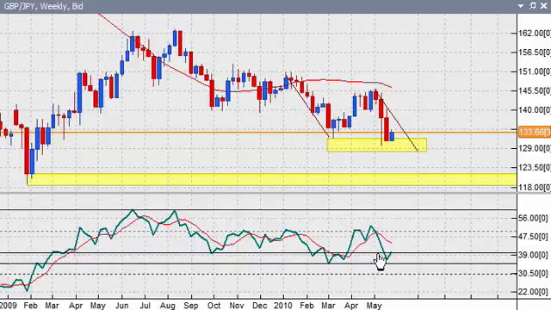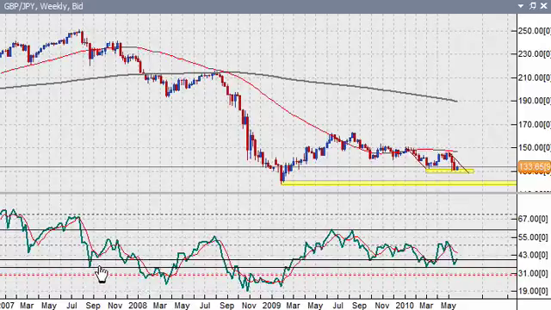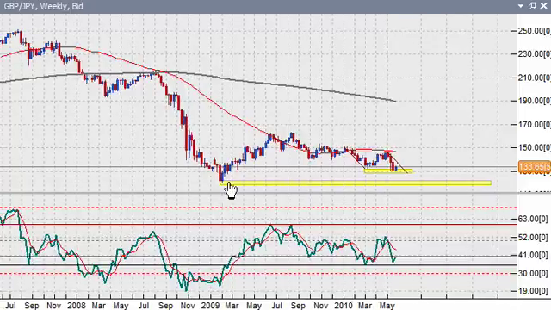You see the 40 already broke, but this area around 35 was also supported before, and then it broke for a bearish signal. So if the RSI breaks below 35, that's going to be a major bearish signal for the pound yen, and it's very likely to test the 119, 118 area.